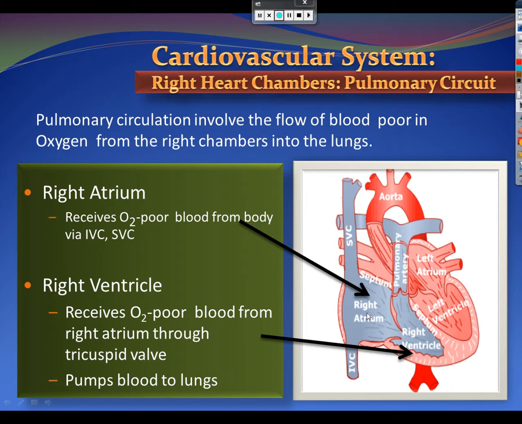Now the thing to note here is that the blood that is traveling through a vein to go to the heart does not have oxygen. So this is blood without oxygen that's going to travel through these veins into the right atrium. There is a valve here that will allow this blood to travel in through the right ventricle, and in the back of the right ventricle there is another valve.